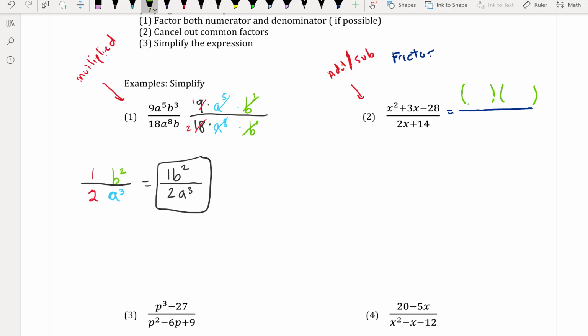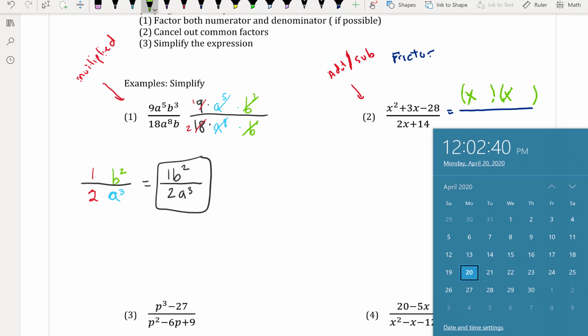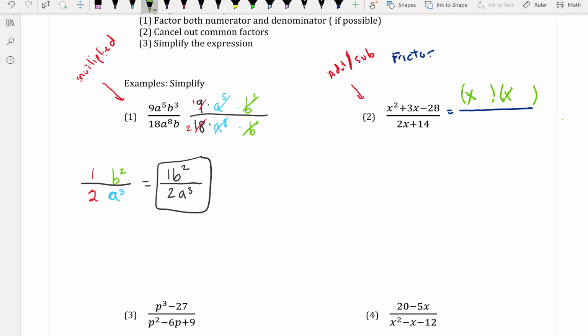So up in the numerator, I have x times x gives me x squared. So that's fine. Now to give me 28, there's a couple of factors that can work, but I definitely wanted to add it to number 3. I believe 4 times 7 is 28.